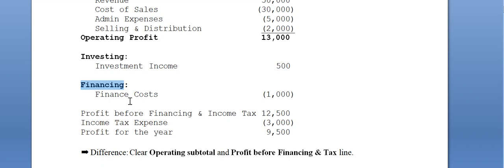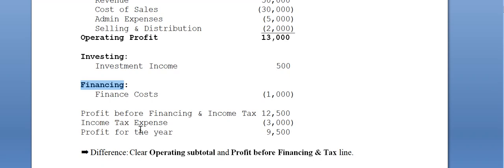So when you have your operating profit as 13,000, then you add other income, you have 14,000, you remove your finance cost from it, you have 12,000. That's what we now call profit before financing and income tax, and that will be what we call 12,500. 12,500.